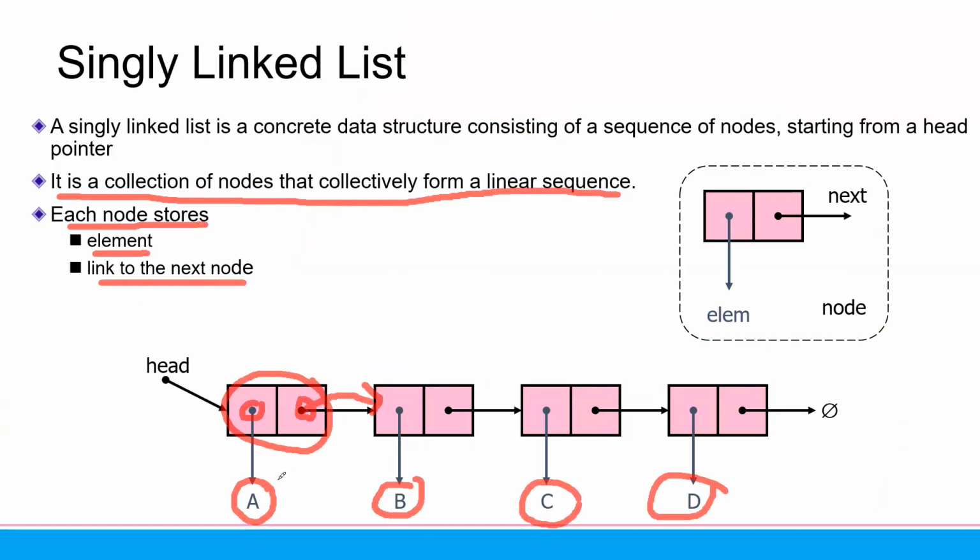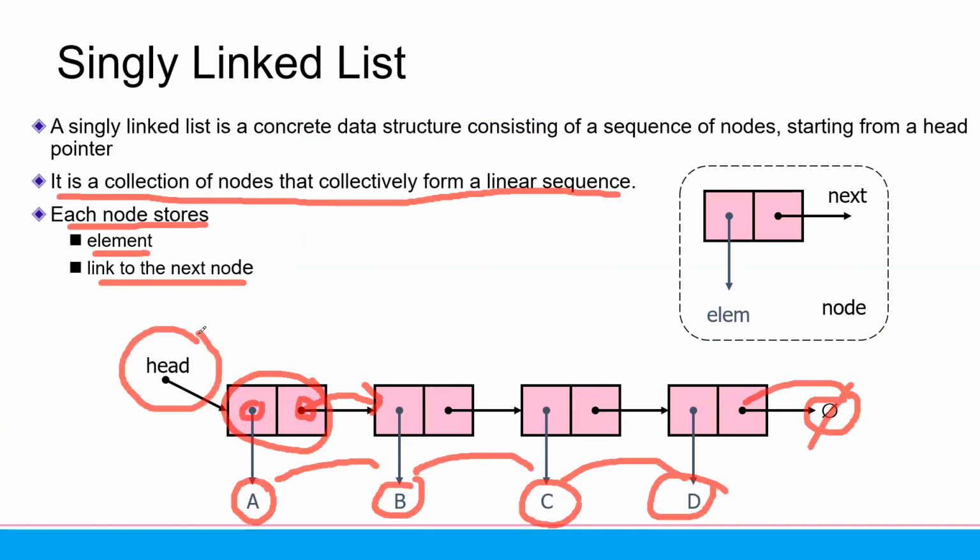So I know that A is connected to B, after B is C, after C is D, after D is empty. Okay. And before A, we have one pointer, we call it head, to indicate that A is the first.